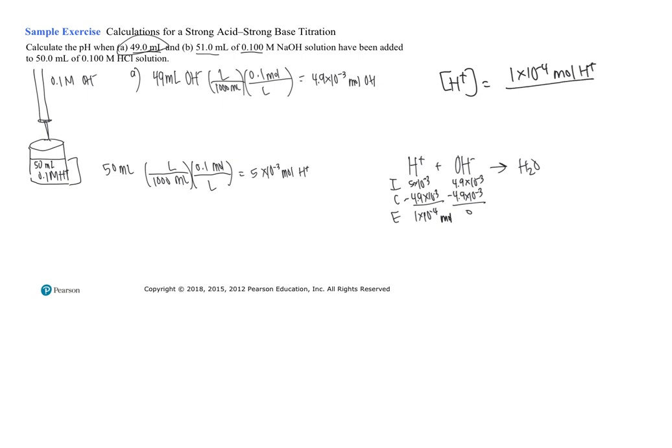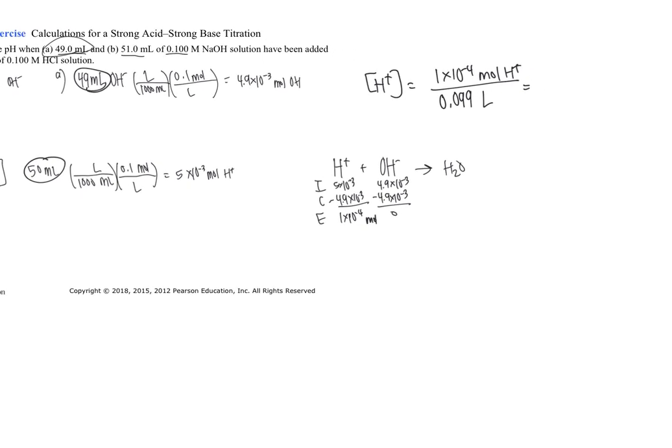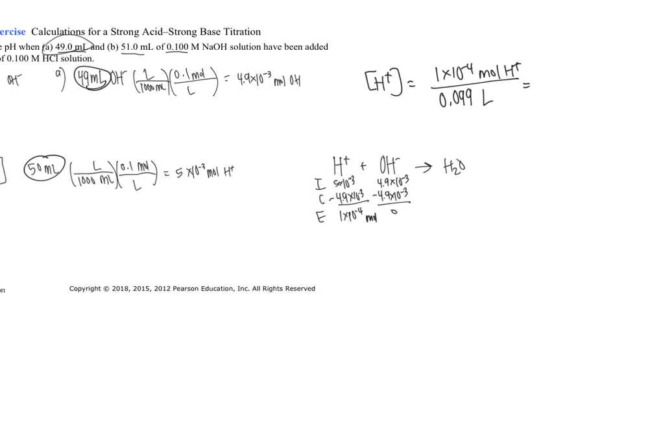But now my total volume, I've added 49 milliliters plus 50 milliliters. So here I have 99 milliliters, which is equal to 0.099 liters. So my hydrogen ion concentration is 1.0 times 10 to the negative third molar.